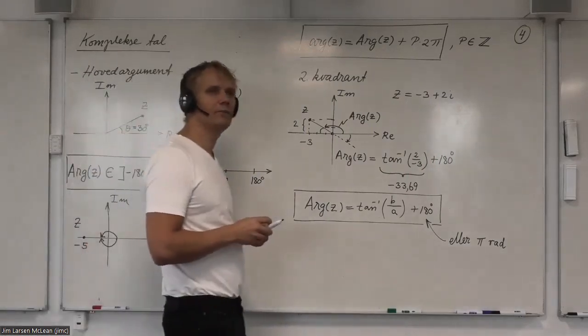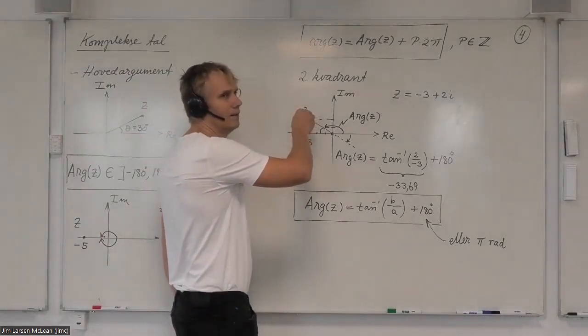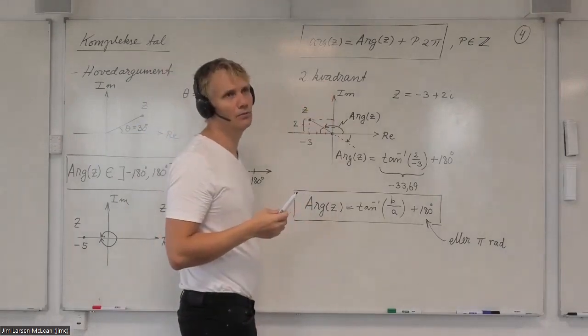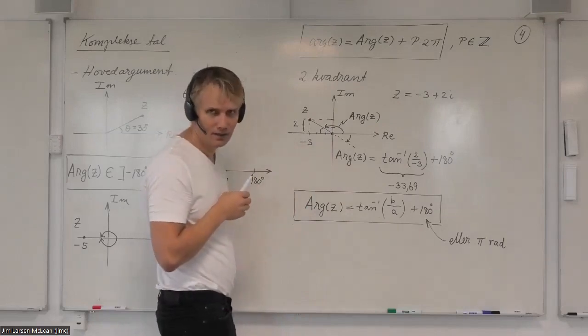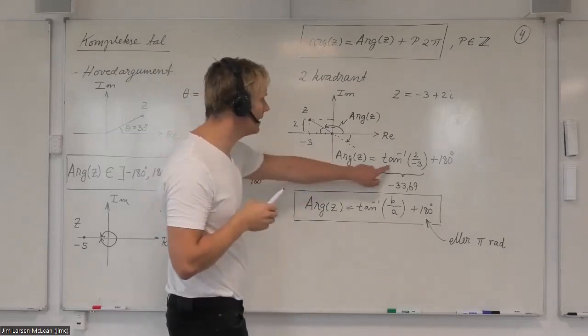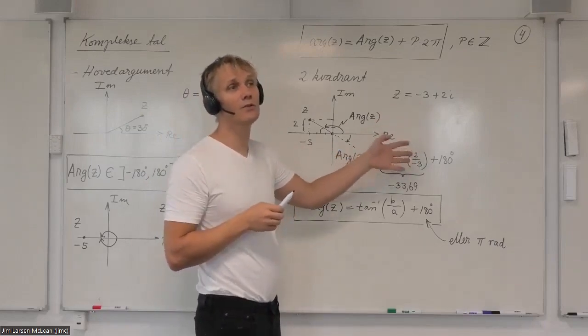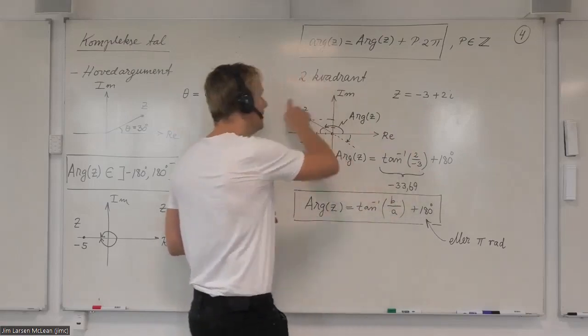So what was the trick? We know that if a complex number is in the second quadrant, then the y coordinate, or the imaginary part, is always positive. The real part is always negative. This means that when you take the inverse tangent of the opposite over the adjacent, you're taking the inverse tangent of something negative. It can't be avoided because the denominator will always be negative when you're over here.